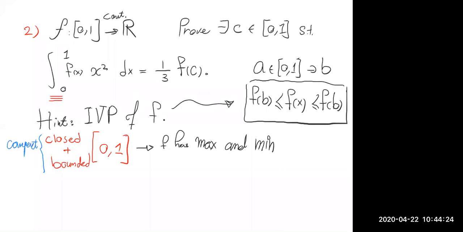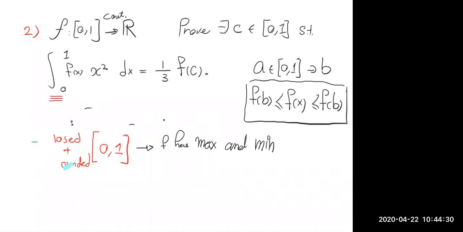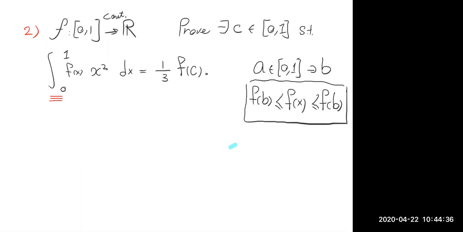Okay, does anyone have any idea? If not, I can write down the answer. Let me erase these for now. Okay, so f of x is between f of b and f of a.